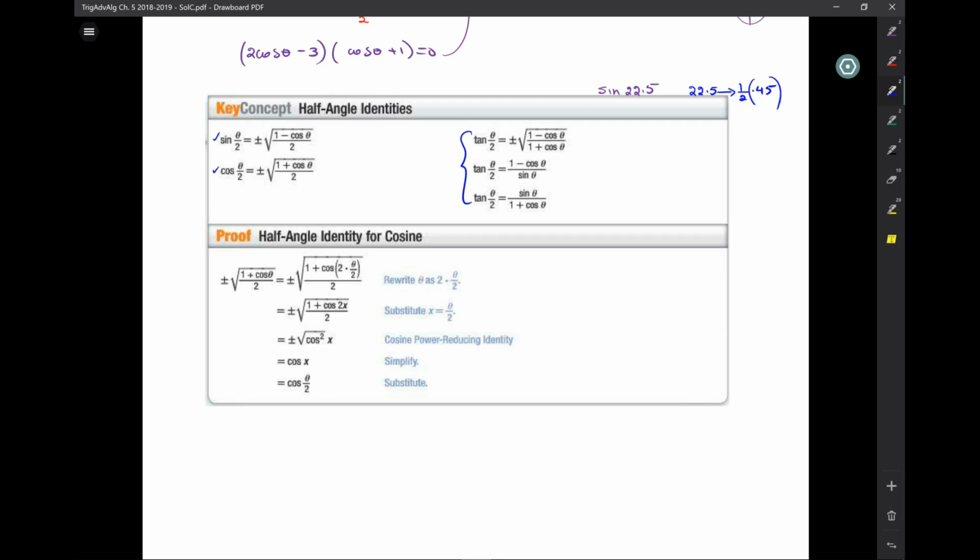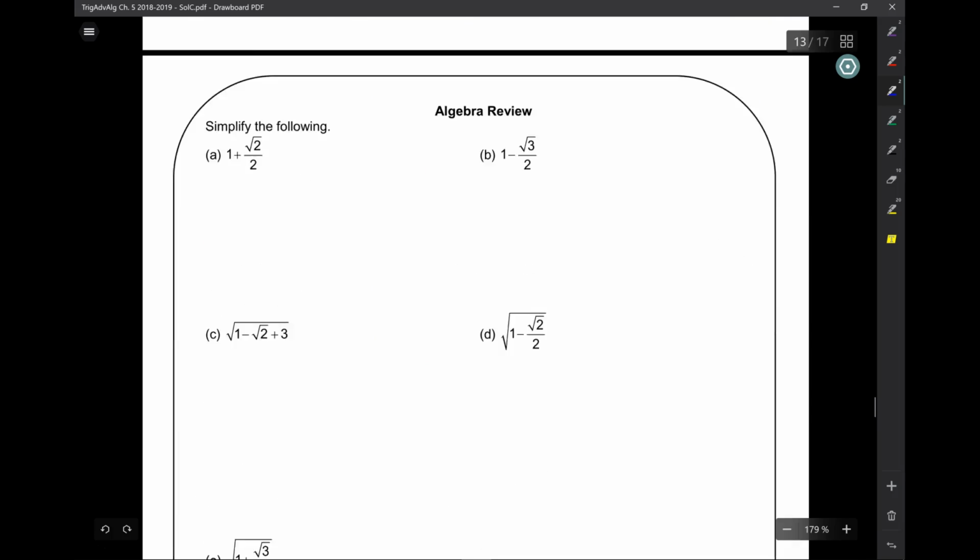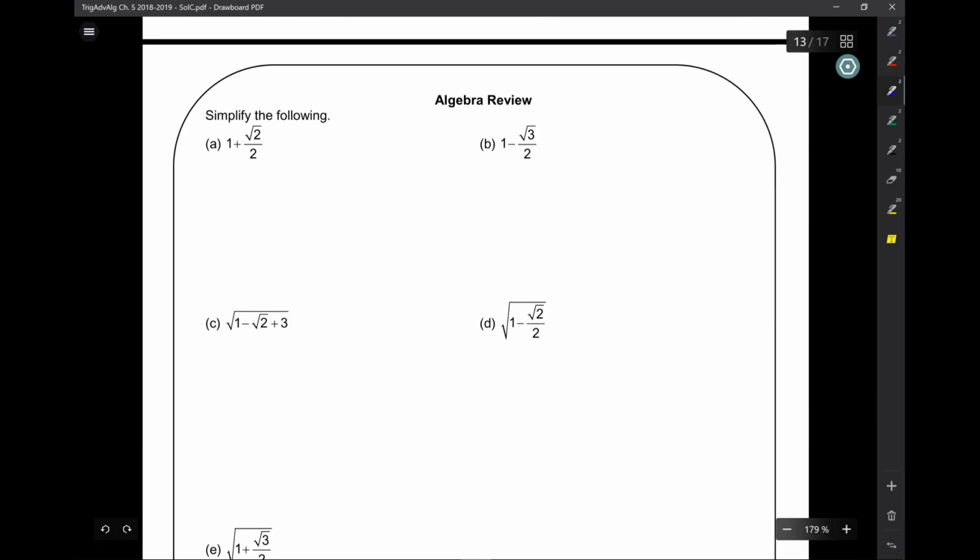Now, before we get too much into this, let's do some algebra review. Literally algebra review from back in the day when you were also young, okay? So first and foremost, you have 1 plus root 2 over 2.